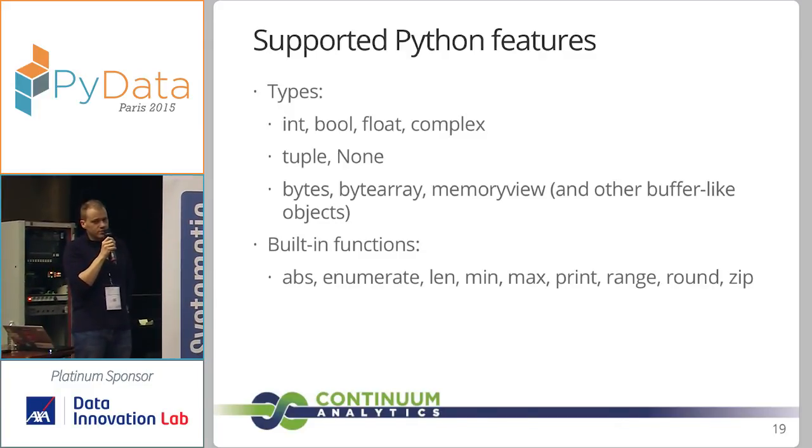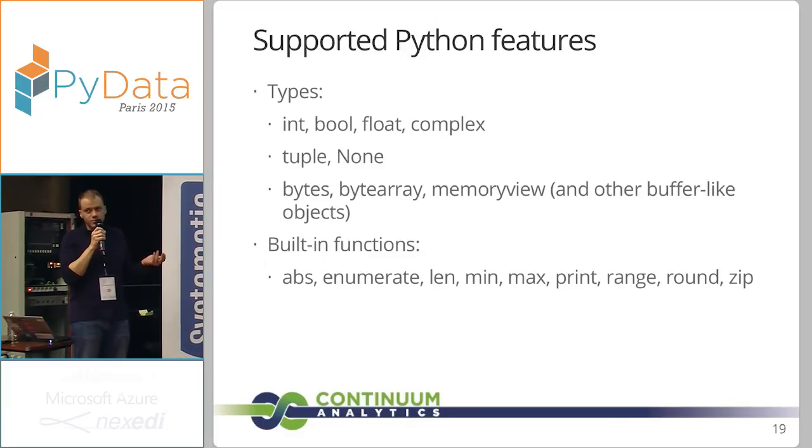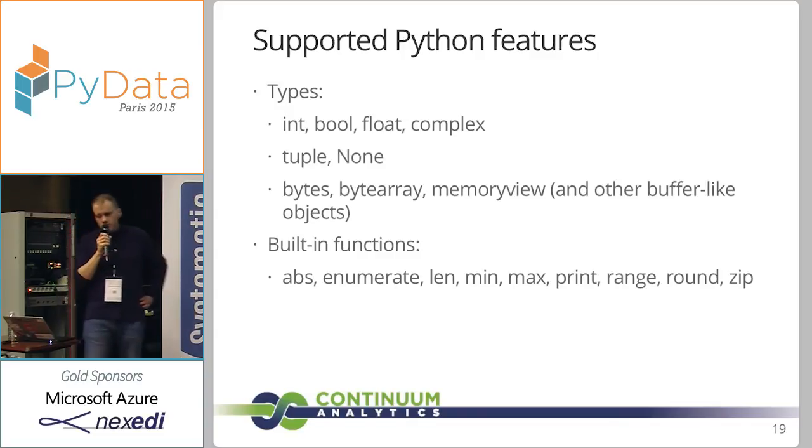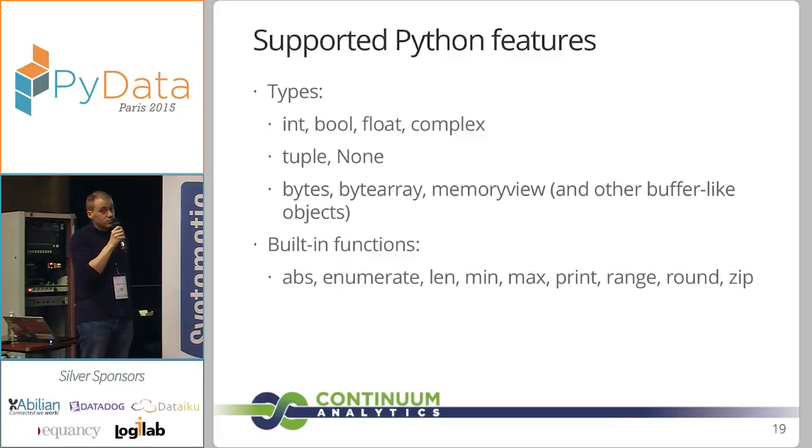The buffer protocol is really a way in CPython of exposing objects which are backed by a bunch of bytes, a memory area. So this means bytes, bytearray, memoryview, and other objects of that kind. So for example, array.array, we support it. This probably means we support mmap files too, because mmap files are able to export a buffer.